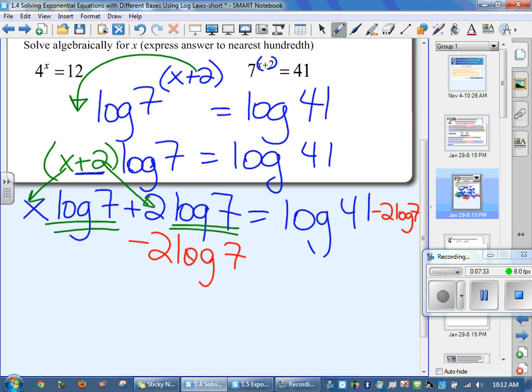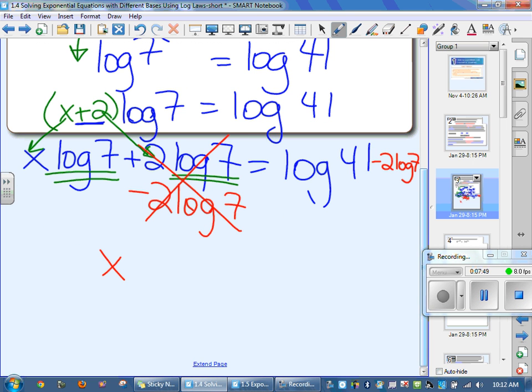Log 41 originated on that side, so it has to be written first on that side. All right, that gets rid of our 2 log 7 on the left. Now I rewrite my equation. I'm going to have x log 7 equals log 41 minus 2 log 7.